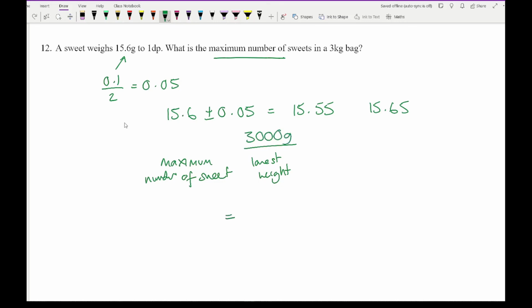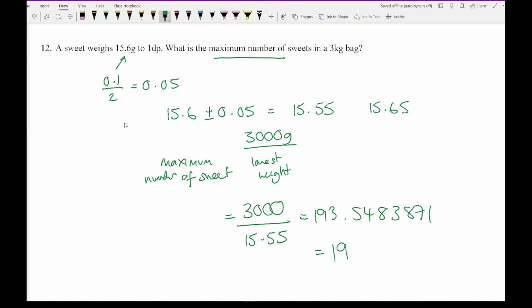So here the calculation we're going to do is going to be 3,000 divided by 15.55. And if I do that calculation on my calculator, I'll get an answer of 193.5483871. And obviously we want to look at whole sweets, so it's going to be 193 sweets. And there we go.